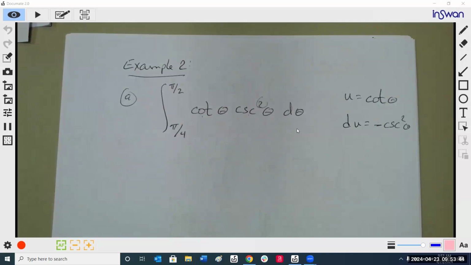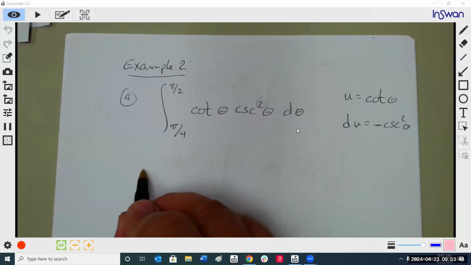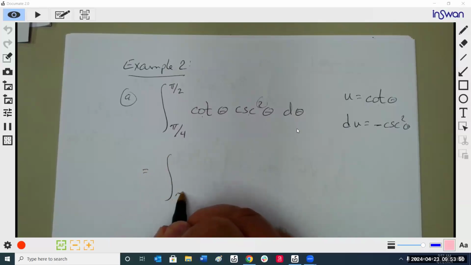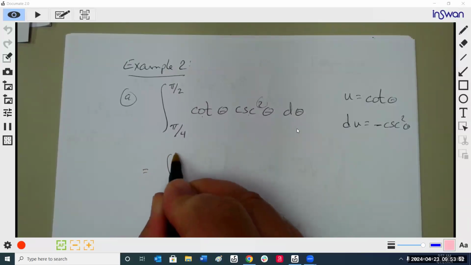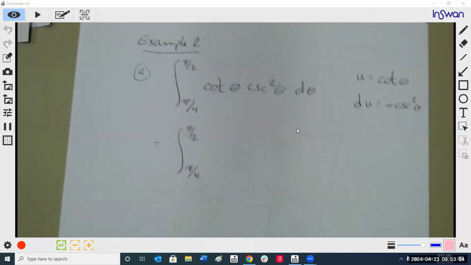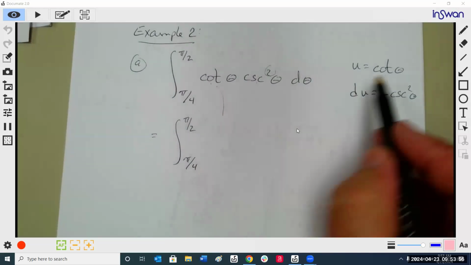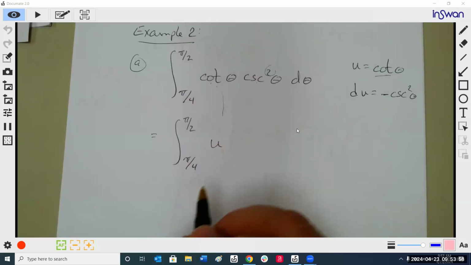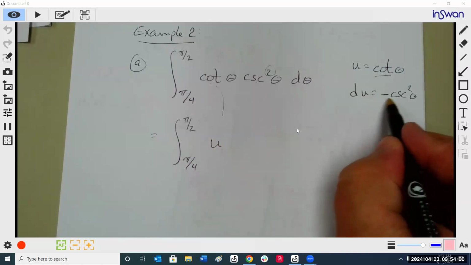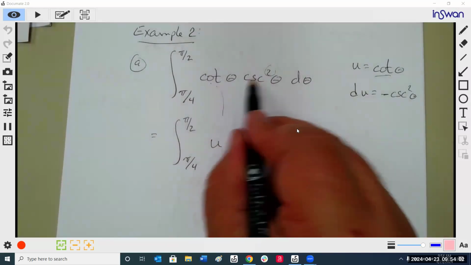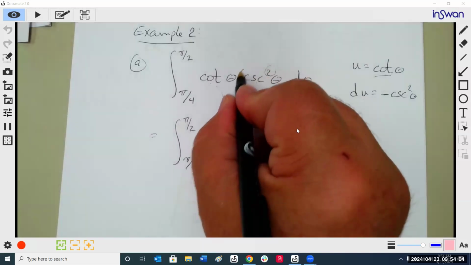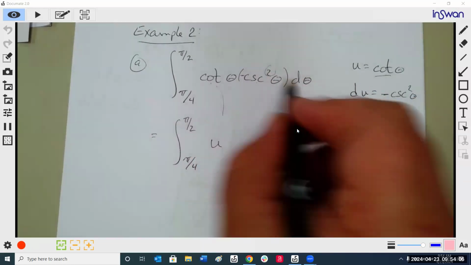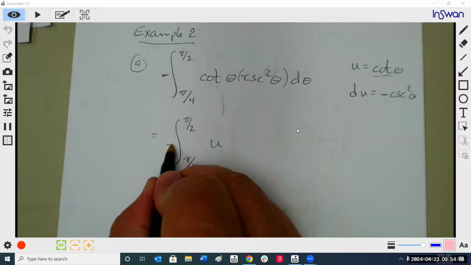So cotangent is my u. My du is negative cosecant squared. So I need a negative in front of there. So I need a negative out there.